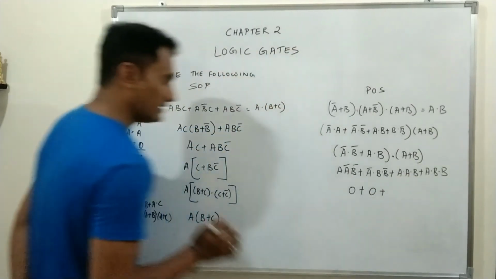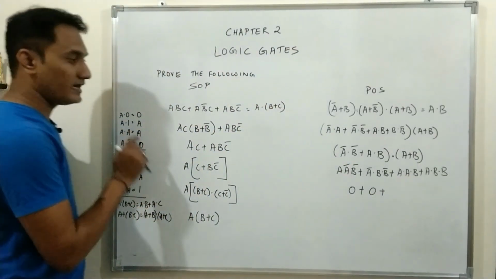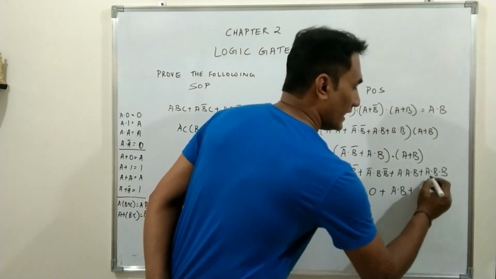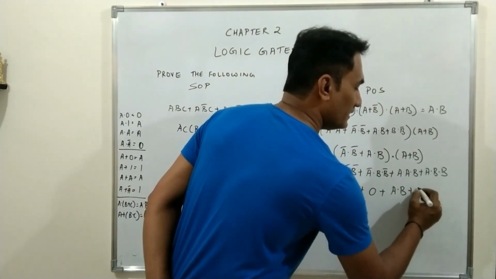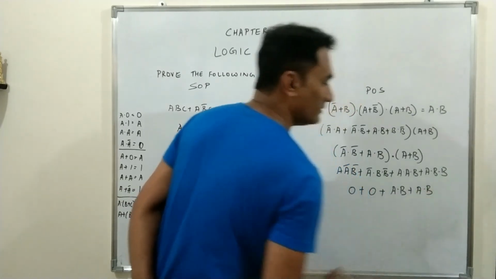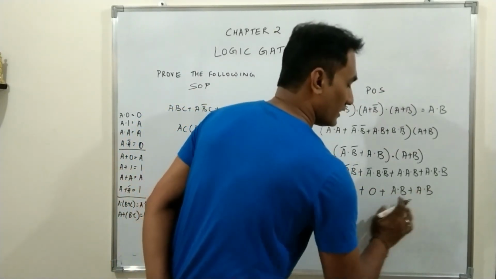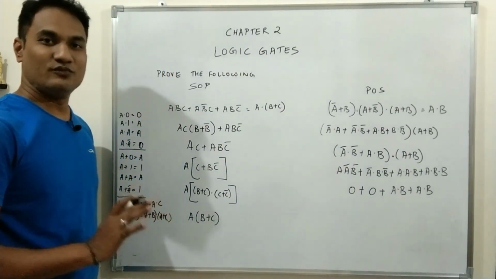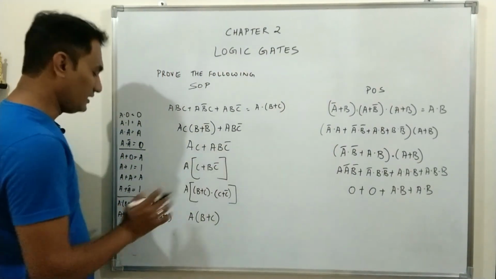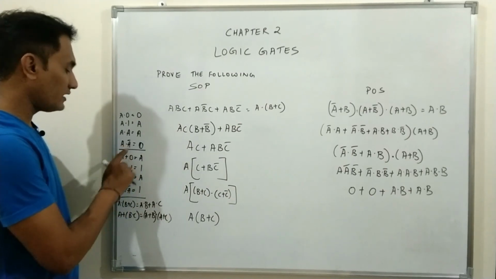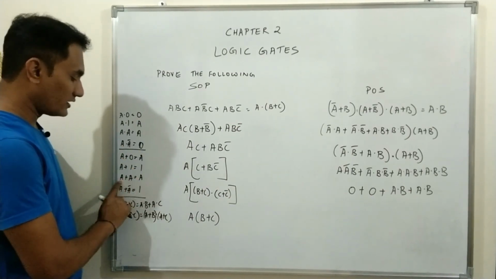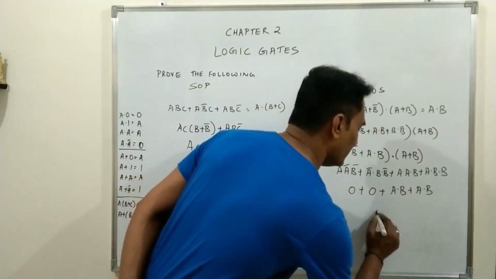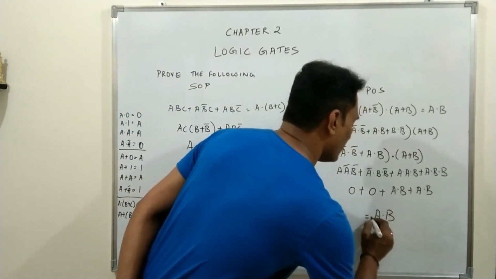A dot A is A, so it will be A dot B, and B dot B is B, so A dot B. What is A dot B plus A dot B? It cannot be 2AB; according to the OR law, A plus A is A, so A dot B plus A dot B will be A dot B.